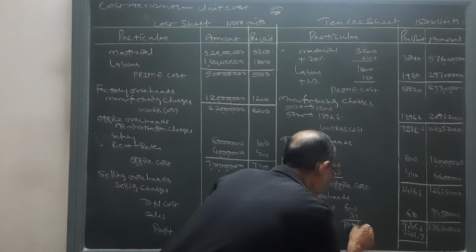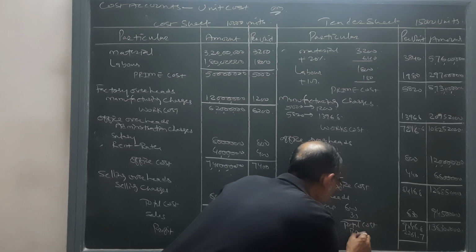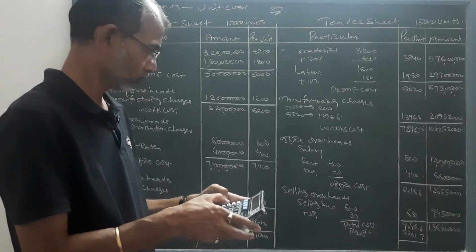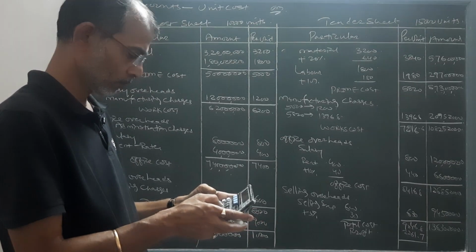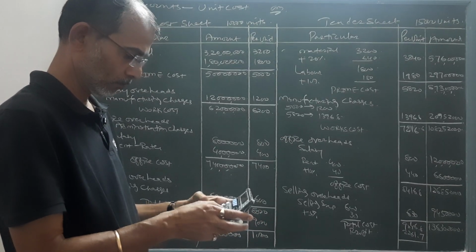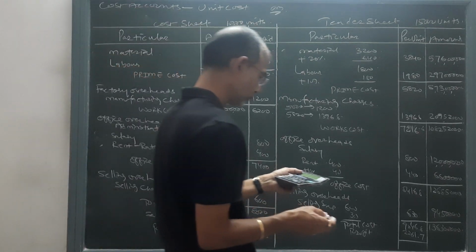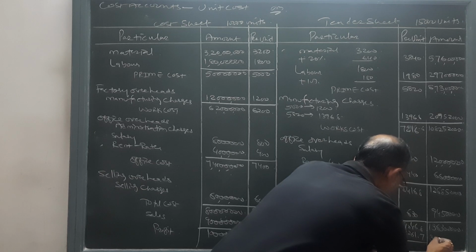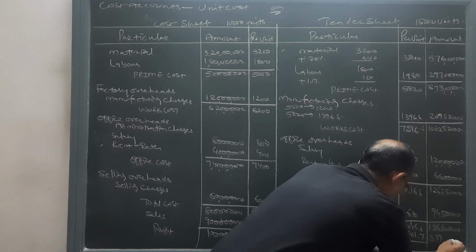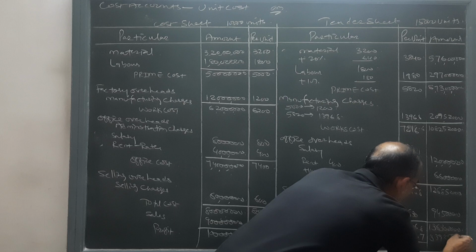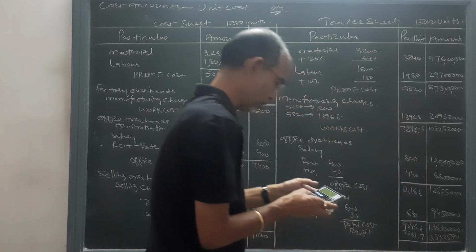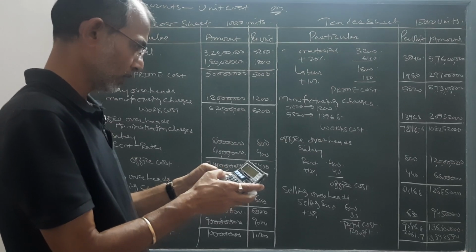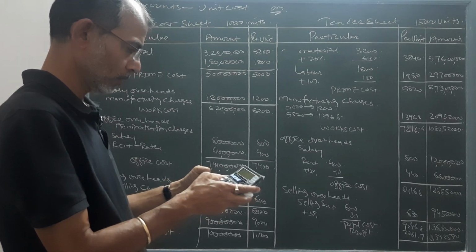This is total cost and this is profit. Now amount will be 3 crore 39 lakh 25,500 plus 13 crore 63 lakh 2,000.